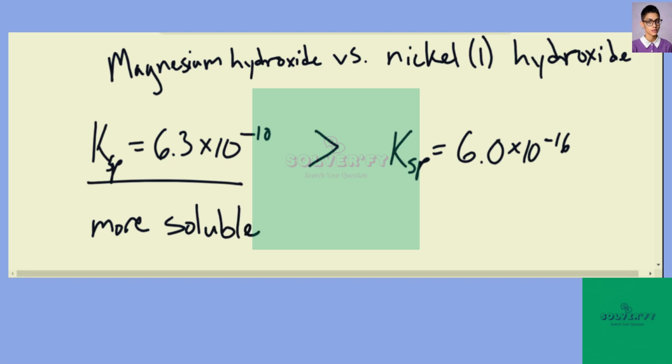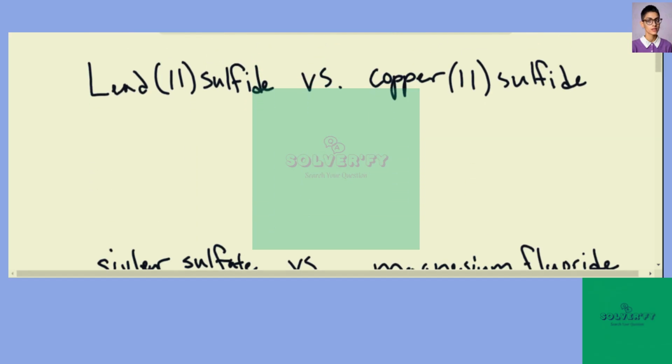Now if we move on to part B, lead sulfide versus copper sulfide. The KSP value for lead sulfide is 3.0 times 10 to the negative 25th, I believe.